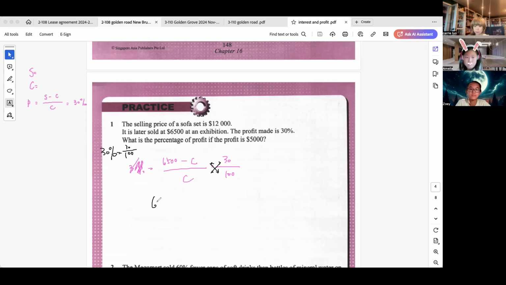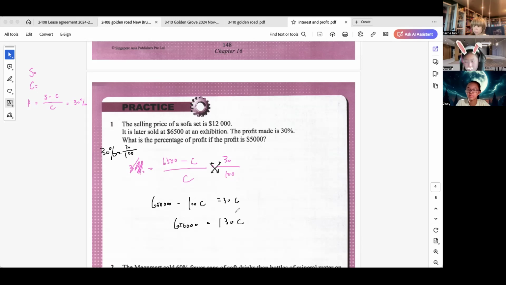Okay, so it's 65000 minus 100C equals 30C. So 65000 equals 130C. So Amelia, like 2 years ago, I have taught you how to do this.